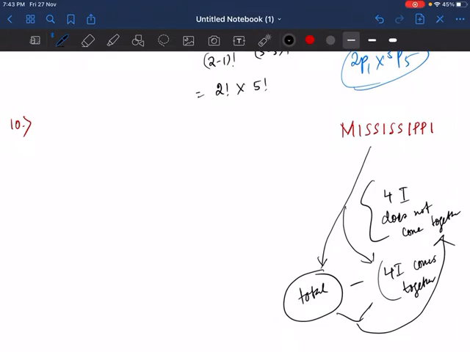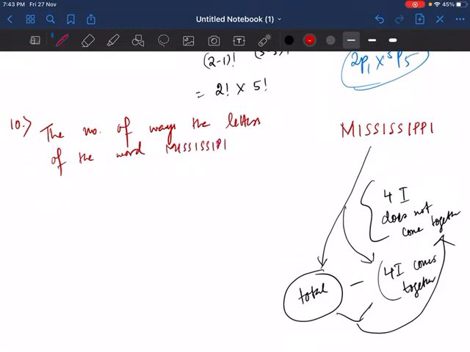So first, let us find the first part: the total number of ways we can arrange Mississippi. So let's write down the number of ways the letters of the word Mississippi can be arranged.